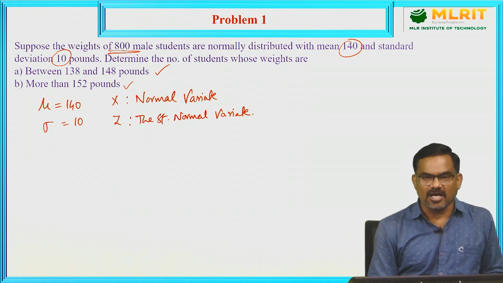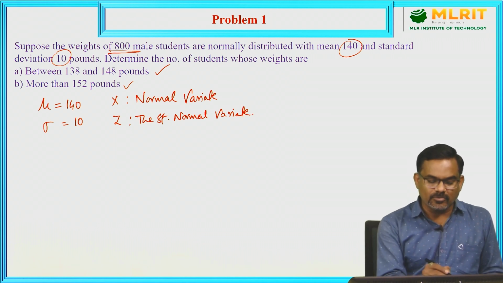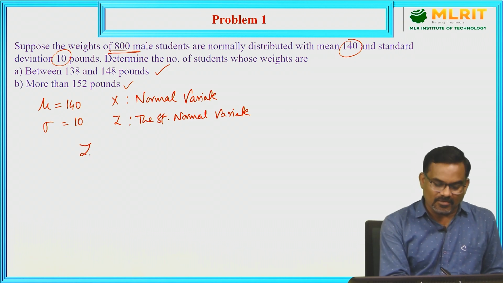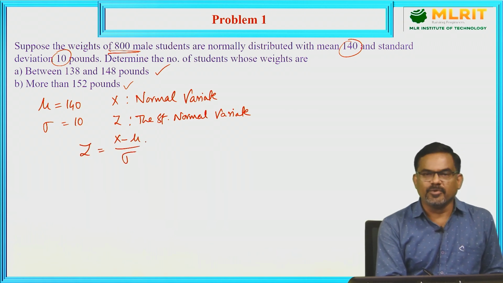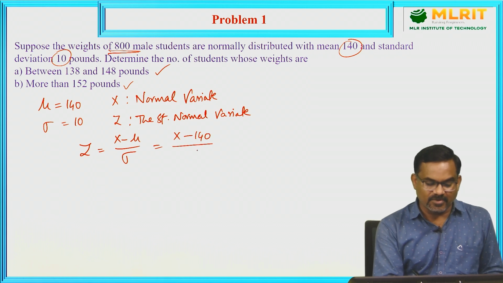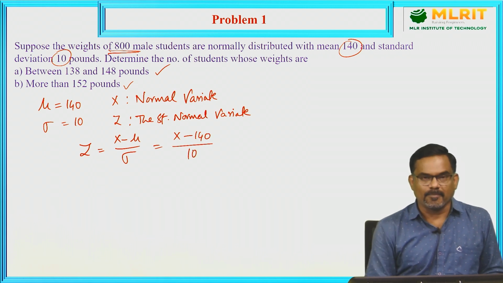And how can you transform this x to z? Using the formula z equal to x minus mu by sigma, where mu is the mean and sigma is the standard deviation. In the present problem, mu equal to 140. So z equals x minus 140 by 10.